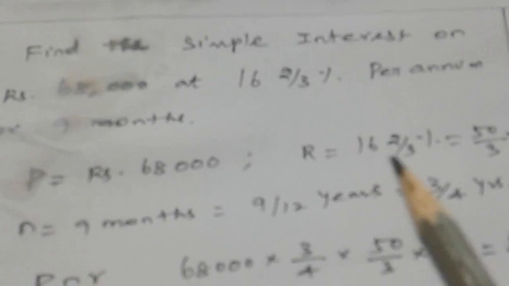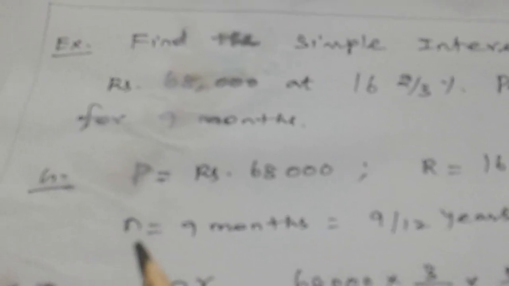This can be rewritten as 16 into 3, 48, plus 2, which is equal to 50/3%. And the period n is given as 9 months.